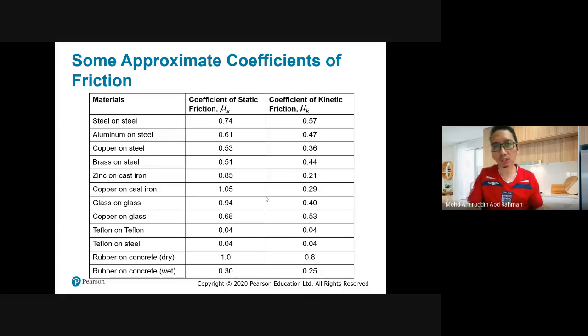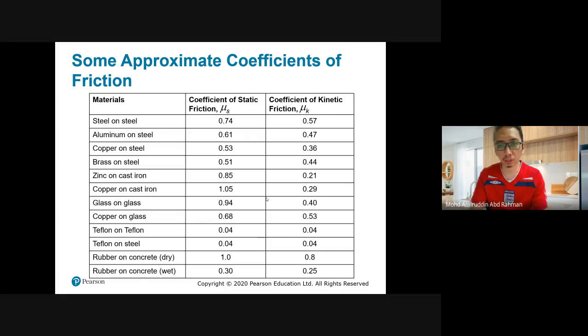For the static friction, we have the coefficient mu s, and for the kinetic friction we have the coefficient mu k. So you look there, we have the values of the coefficients.